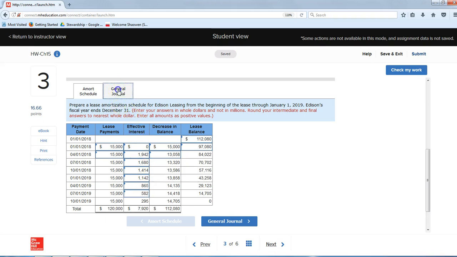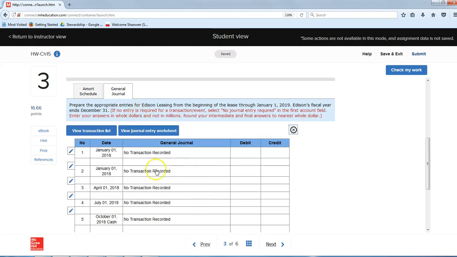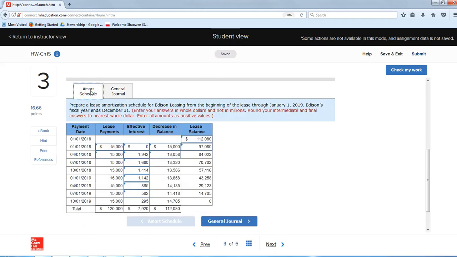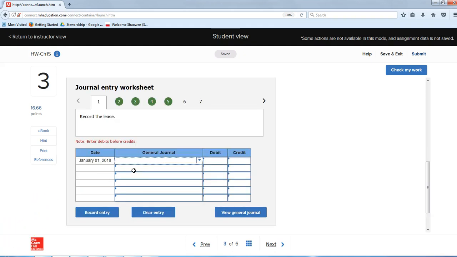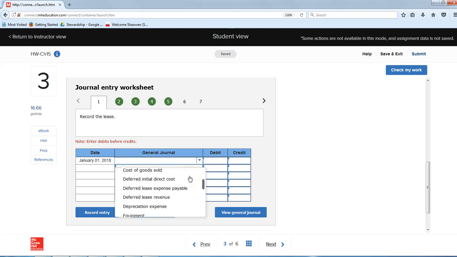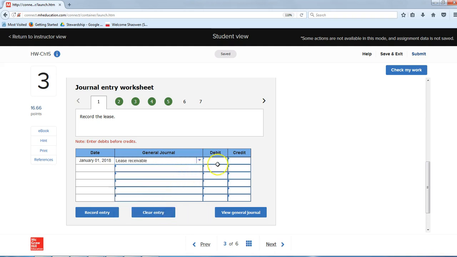And then the journal entry will be based on my amortization schedule. January 1st, when we record the lease, the lessor has lease receivable of the lease fair value, $112,080.